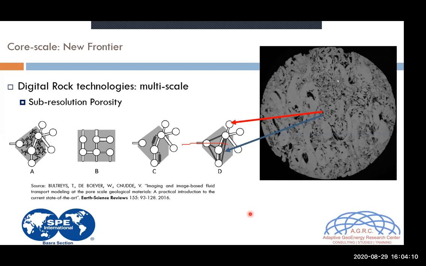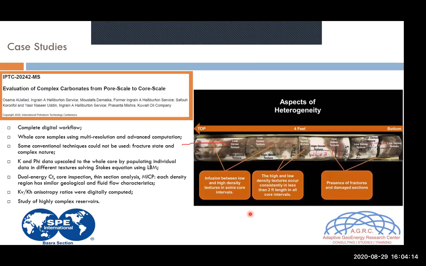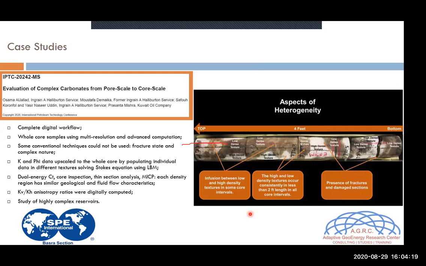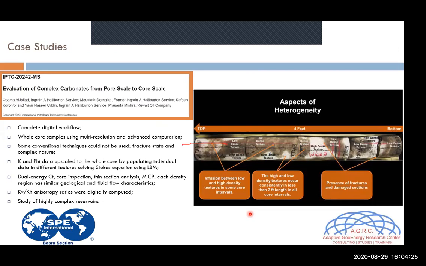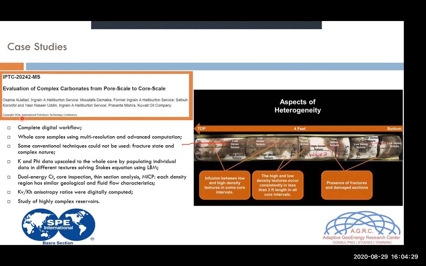Okay. Then I will start here with two really great case studies regarding, I think, all the scales, all the possibilities that you can explore using digital rock technologies. And this one here is a fresh paper. It's from the beginning of this year. People from England and Kuwait Oil Company performed this kind of evaluation.